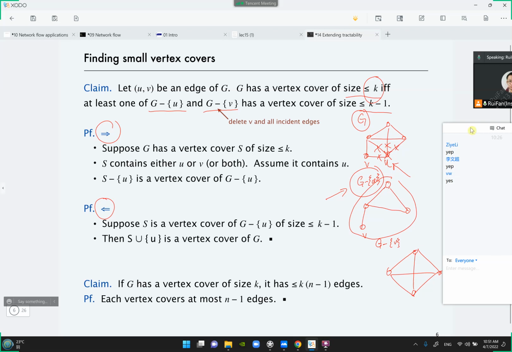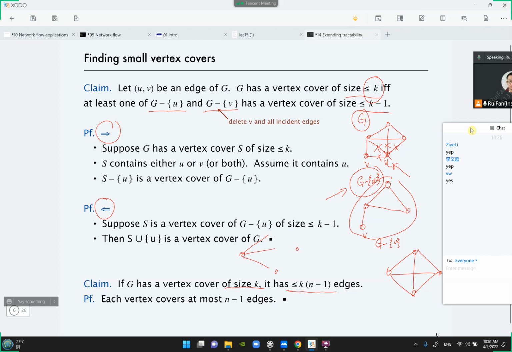Now the next claim is that suppose you have a graph with a vertex cover of size k. Then the claim is that at most this graph has k times n minus 1 edges. The reason is that if you have a vertex cover of size k and you select these nodes, then they cover all of the edges.